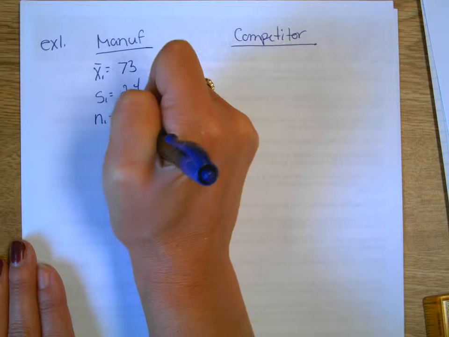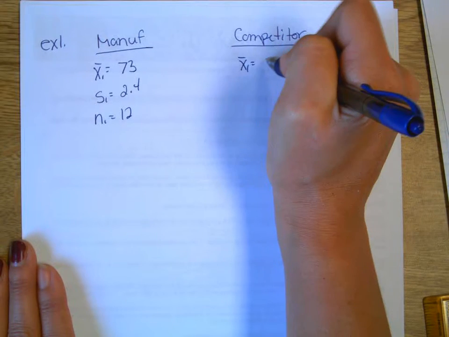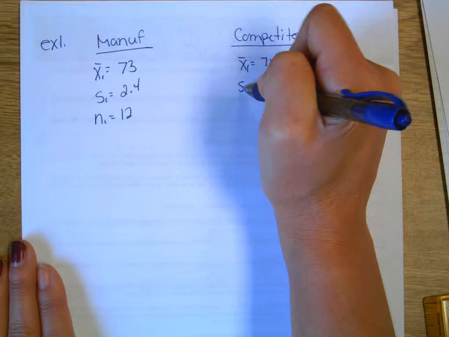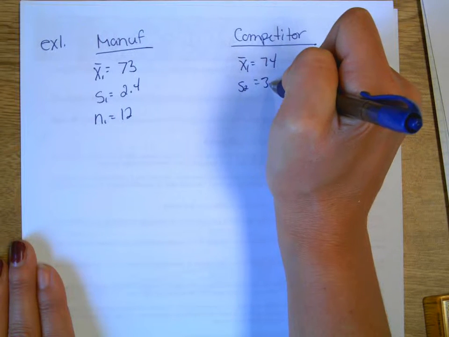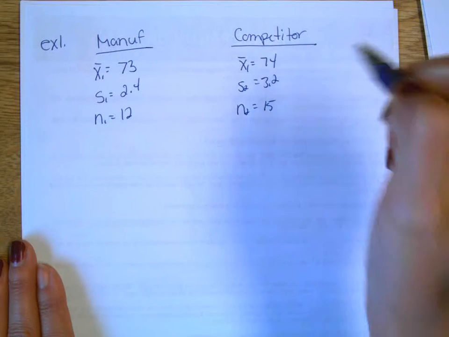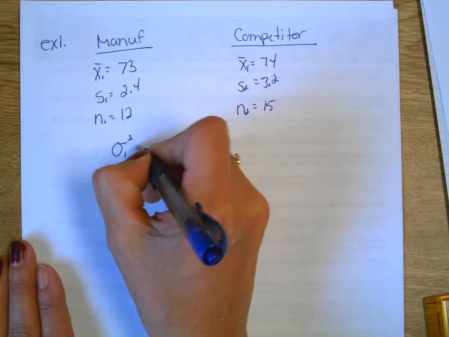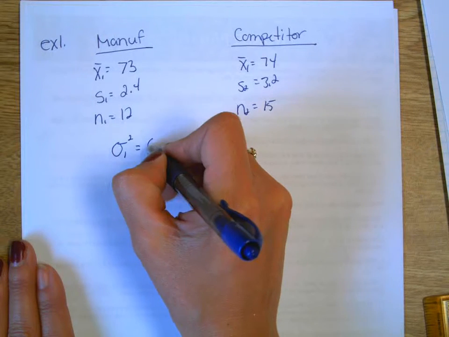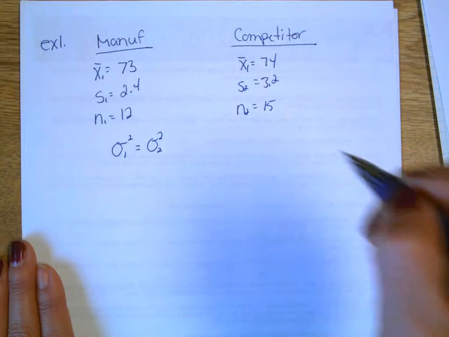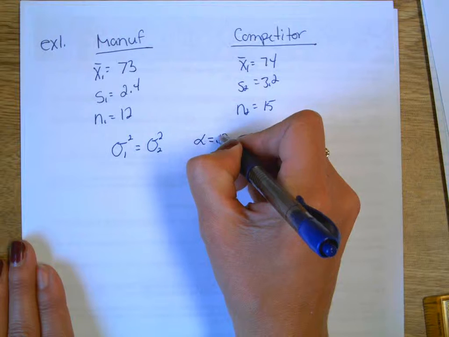Sample size was 12, small sample. Competitor, the mean is 74. Standard deviation 3.2. Sample size 15. Sigma 1 squared equals sigma 2 squared. We're going to test this at 10%.